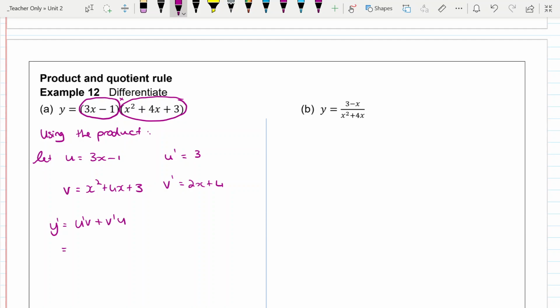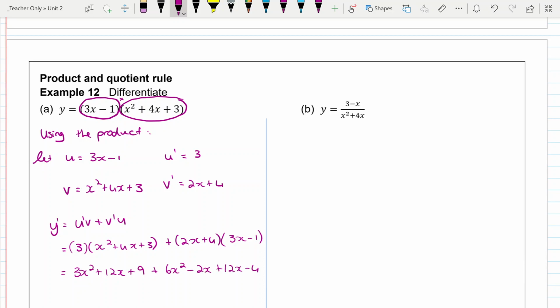And that means, well, u dashed is 3, so it's going to be 3 multiplied by my original v, so x squared plus 4x plus 3. And then I'm going to go plus v dashed, which is 2x plus 4, and that's multiplied by u, which is 3x take 1. And I'm going to expand that, so 3x squared plus 12x plus 9 plus 6x squared minus 2x plus 12x minus 4.